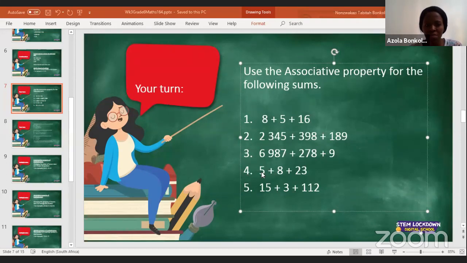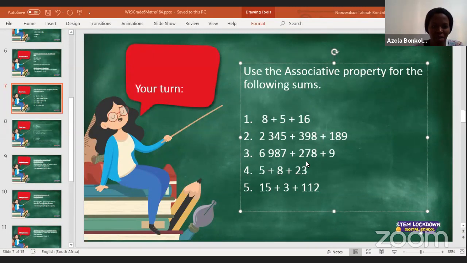All right, so let me do it. I don't think there's anyone else who has their hand up. Okay, we're going to add 5 plus 8 and group them in parentheses, and then we'll say plus 23. And then we also do the same thing on the right-hand side, but now we're going to move the brackets to 8 and 23. We're going to group 8 and 23.